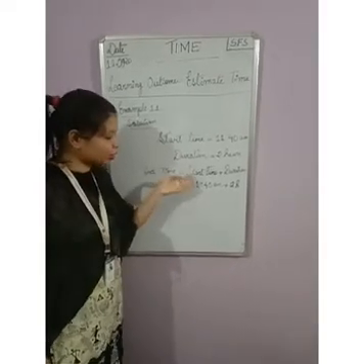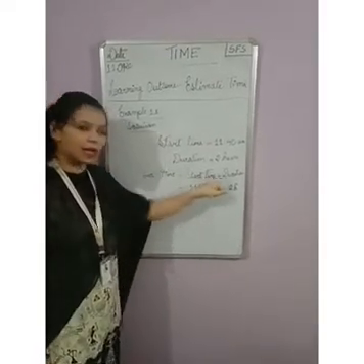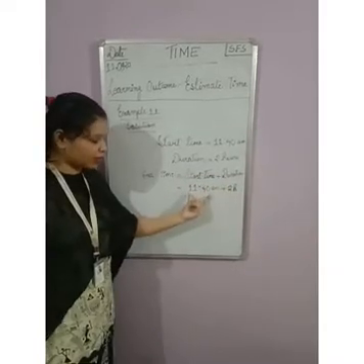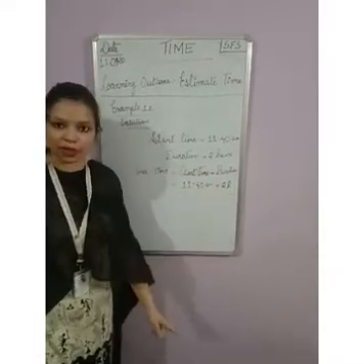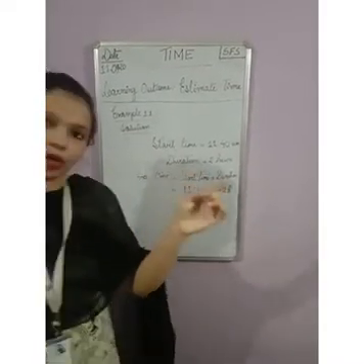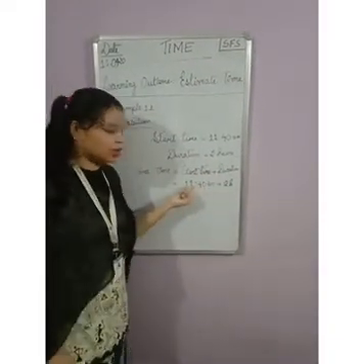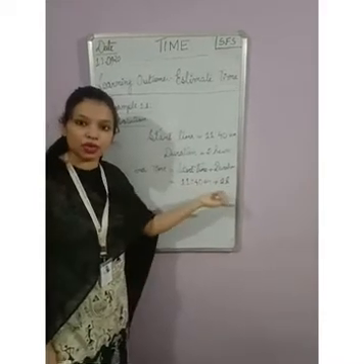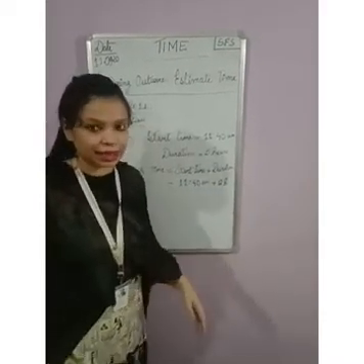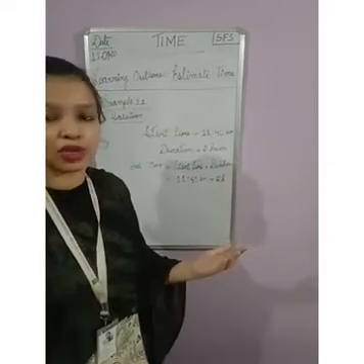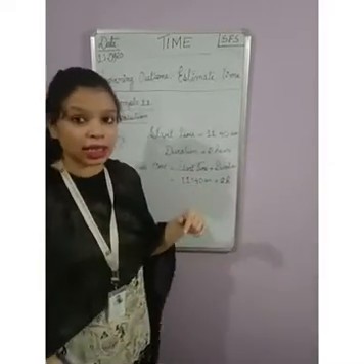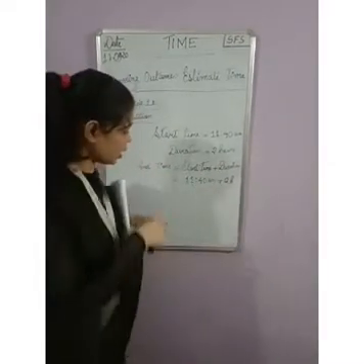So according to the formula, end time is start time plus duration. So I have taken 11:40 AM plus 2 hours. Now remember one thing. We add the hours. So 11 and 2, when we calculate 11 and 2, what we get? We get 13, isn't it? And we have to express in 12-hour format. Now if it is 13, that means it is 1 o'clock. See, look here.